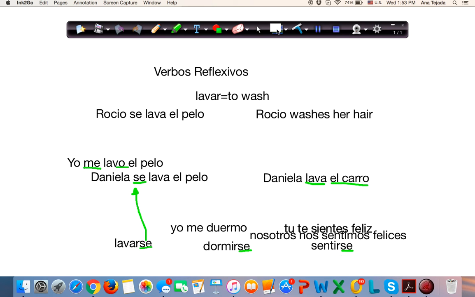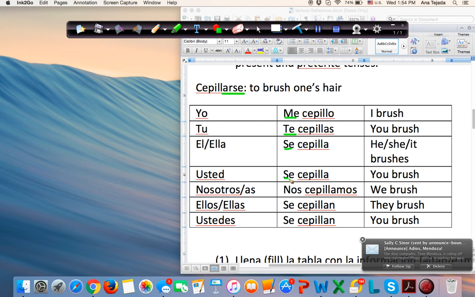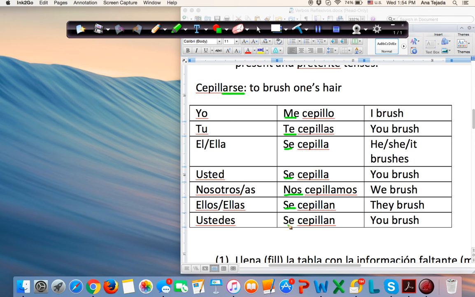Okay, let's look at how to conjugate these verbs a little more up close. We're going to use the verb cepillarse, to brush one's hair. Again, like we have said, we have the verb ending in ar plus the se, that's our infinitive form of the verb, cepillarse. We have yo, me; tú, te; él, ella, usted, se; nosotros, nos; ellos, ellas, ustedes, se.